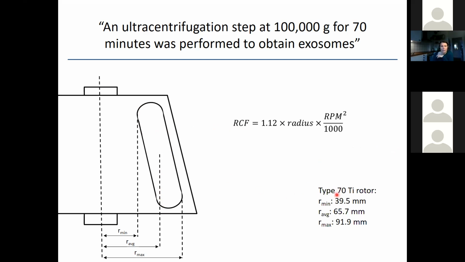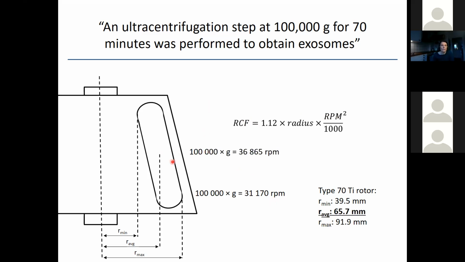So if we start with a type 70 rotor, which has different radii at the minimum, average, and maximum part of the tube, we can see that if we calculate 100,000 G at the maximum radius, we will run our samples at approximately 31,000 RPM, because we have to calculate the G forces and the RPM, because RPM is what we actually put into the instrument.